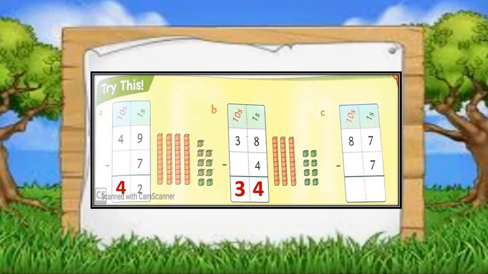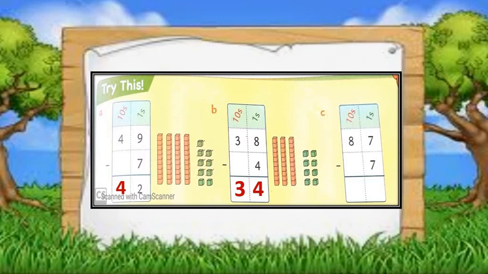Sum number C. 87 minus 7. First solve ones column. 7 minus 7.